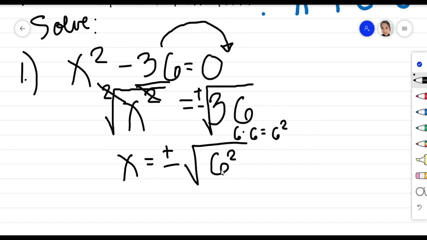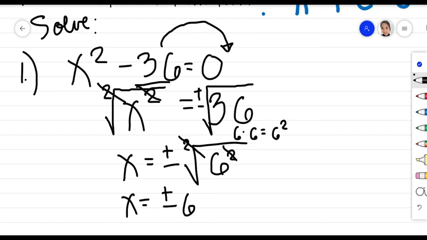So replace 36 with 6 squared. We know that there is an invisible 2 here. We could remove that and the exponent inside. So we are left with x is equal to positive and negative 6.